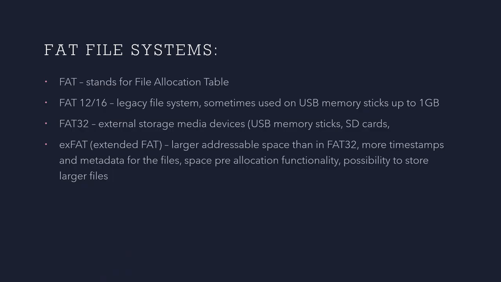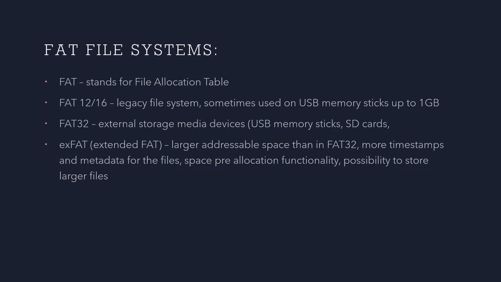In FAT file systems, FAT stands for File Allocation Table. And this means that file allocations, so the clusters allocated to some file, are tracked by the file system using those file allocation tables. And we will see different variants of FAT file systems in a while.